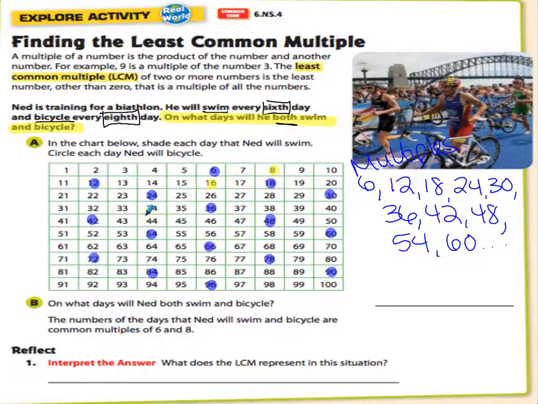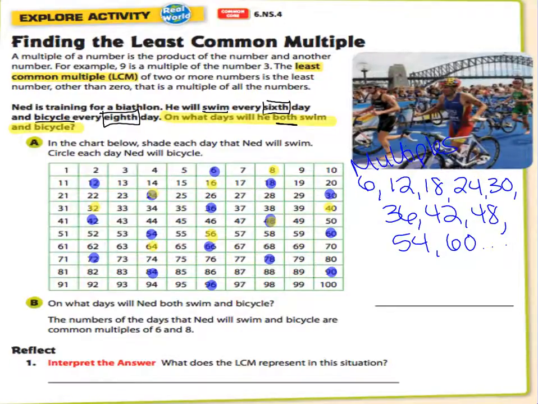So day 24 should be highlighted, and then another 8 days would be day 32. And then another 8 days would be day 40. There we go, 24, 32, day 40, day 48, okay. And then day 56, day 64.